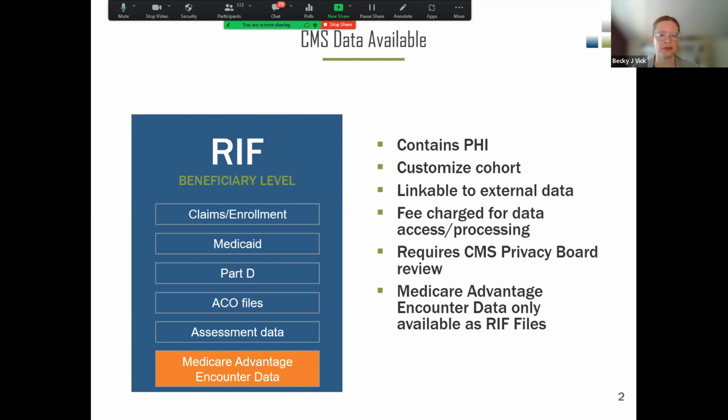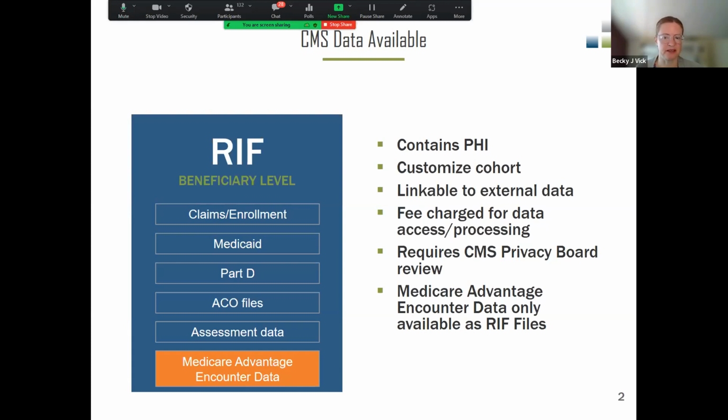While most RIF data files do not actually contain direct identifiers like social security number or name, there's enough information that when you combine it, you could potentially identify a person if you knew someone's zip code and date of birth or date of death. You could potentially zero in on their records in a RIF file. So in order to protect member information, researchers must sign a data use agreement in order to use them.